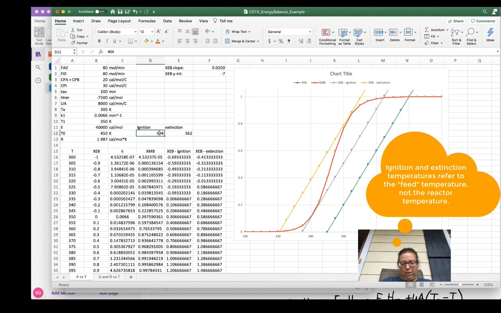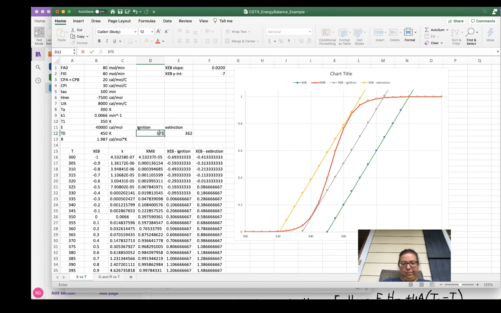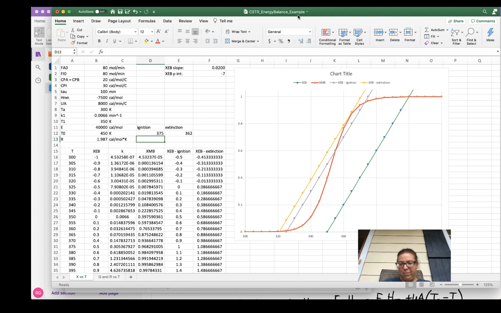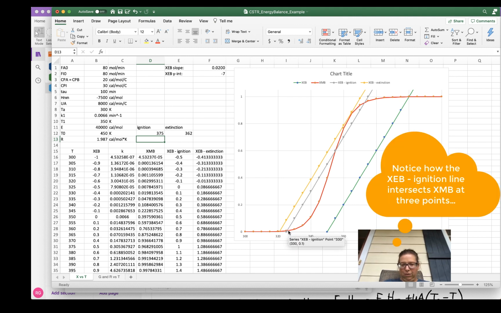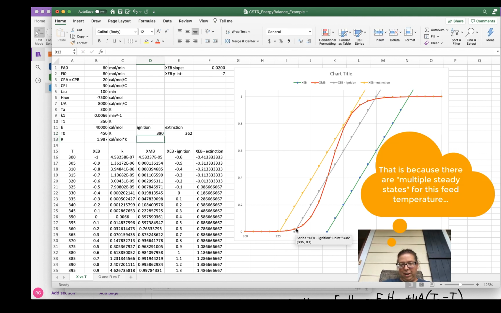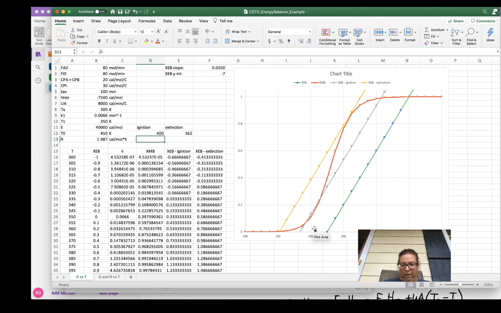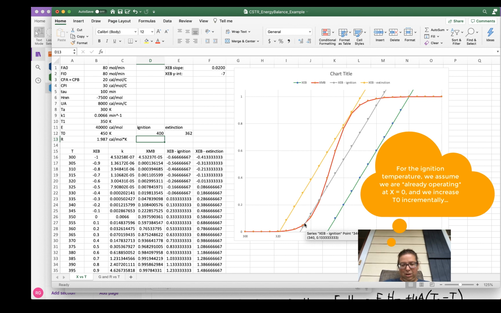So I started out with different values. 375, and then I say, okay, that's still giving me a low conversion. So let me turn that up a little bit more. 390. Okay, my first point of intersection is still right here. Okay, let's turn it up a little bit more. Now my point of intersection is there, so I'm getting closer. Okay, so let's go to 410.